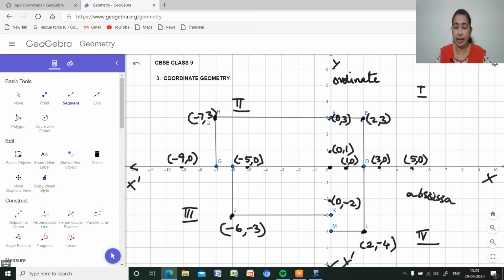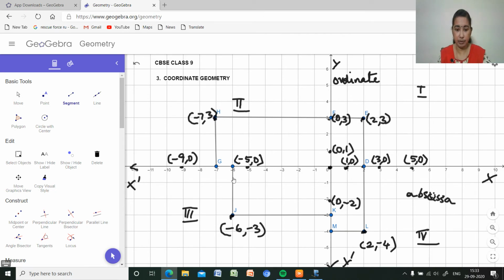So what is the abscissa of (-7, 3)? It is -7, because abscissa means the x coordinate. So for (-7, 3), the abscissa is -7, whereas 3 is called the ordinate.